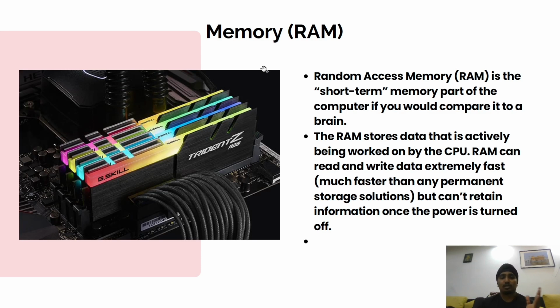It started with DDR2, DDR3, DDR4. The current generation is DDR5, the fastest generation. They are not backward compatible with the previous generation because their pins are different.